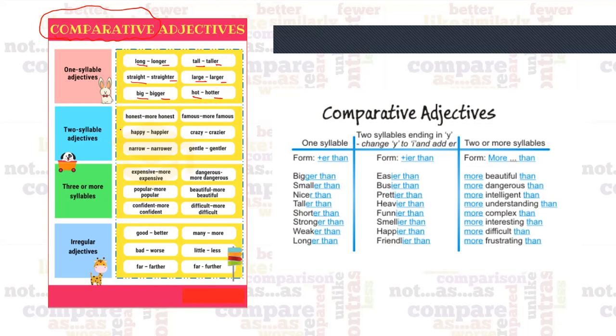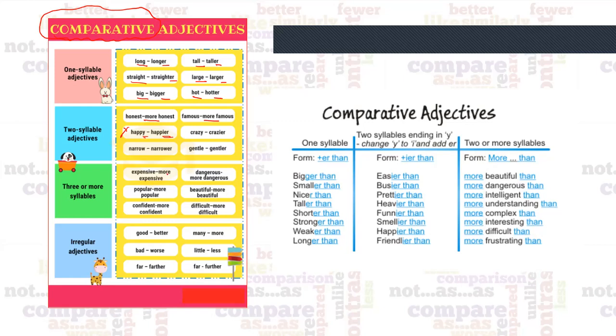If you have a long word which has two syllables or more, we should add more: more famous, more honest. But here, be careful. When a word ends with Y, you need to cancel the Y and add IER. Okay? Like crazier, happy, happier. And look at these words.